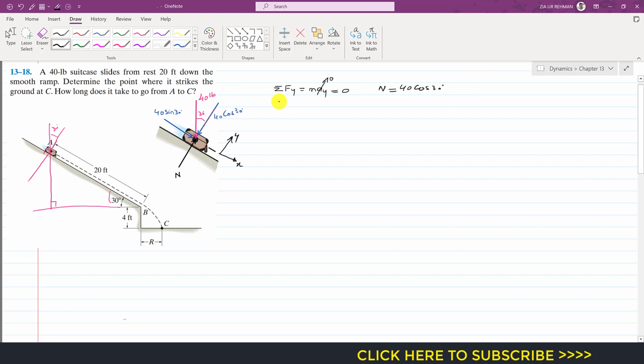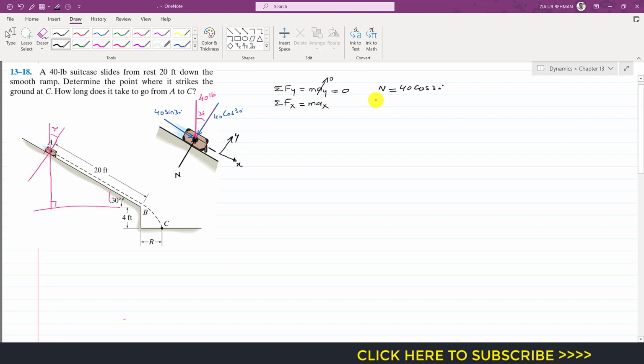Similarly, if I apply the summation of forces along x, it equals m a_x, right? Since the briefcase is in motion, there is acceleration along the x direction. Now as we can see, this sine component of the weight is the only external force which is accelerating this briefcase in the positive x direction.